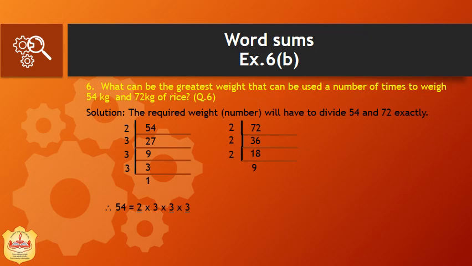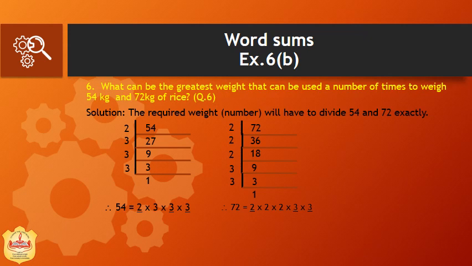Now 9 is an odd number, but it can be completely divided by 3. So we will divide it by 3 and what do we get? We get 3 as the answer. Now 3 divided by 3, we get 1 as the answer. So what are the factors of 72? It is 2 multiplied by 2 multiplied by 2 multiplied by 3 multiplied by 3.